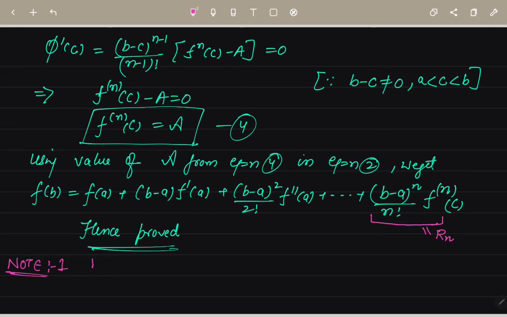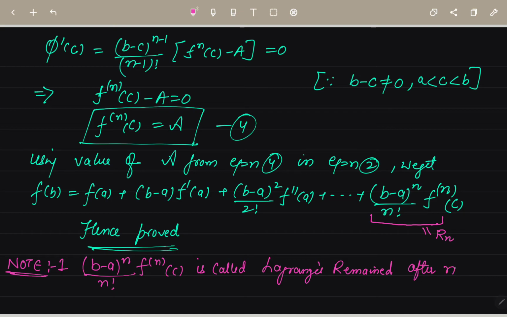So I will write here: (b minus a) raised to the power n into the nth derivative at c, whole divided by n factorial, is called Lagrange's remainder after n terms, and it is denoted by Rn.